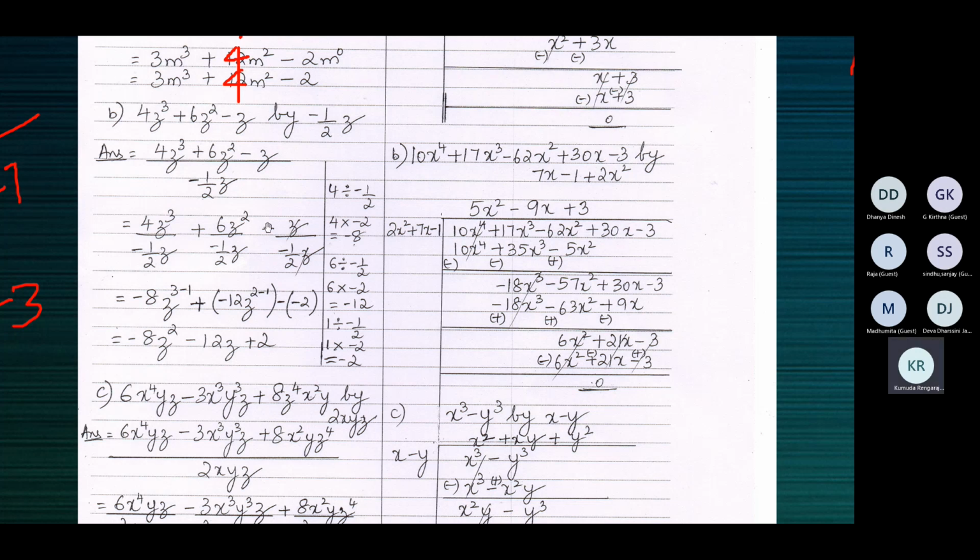So you can see here, this minus here, and in the bracket, the answer minus 2. Now the final step: minus z squared, plus into minus is minus 12, z to the power 2 minus 1. So z, minus into minus, plus 2.